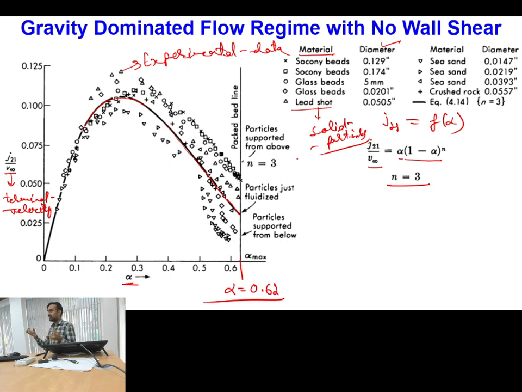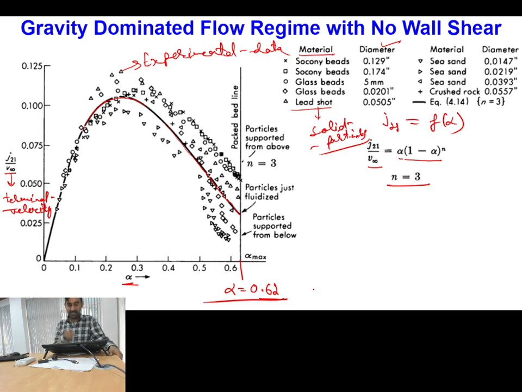Once their concentration increases, they will form large clusters, and because of their weight they will settle down and not remain suspended within the fluid medium. That is the reason alpha close to 0.62 is considered the limit of the drift flux model when it is applied for solid particles.